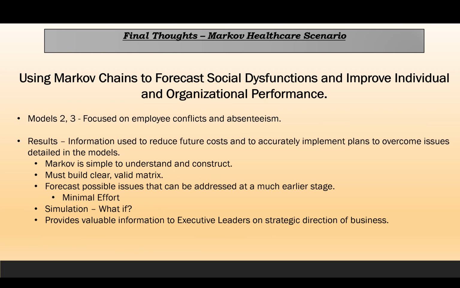You can see them happening 6 months down the road. You might see an issue with absenteeism, or an issue with employee conflicts, for instance. So that's the time when you use a Markov and you evaluate that. You might say, hey, let's get together as leadership now. Let's do a crucial conversations class with our supervisors, and let's head this off now. Let's not wait till 6 months down the road to see what happens.